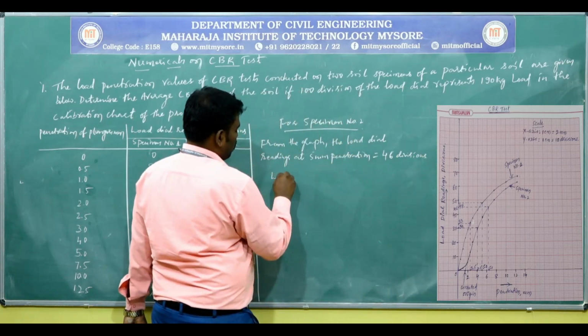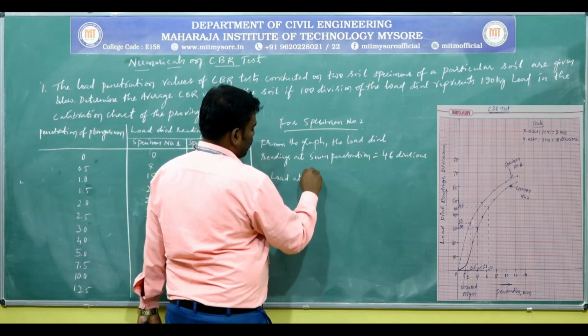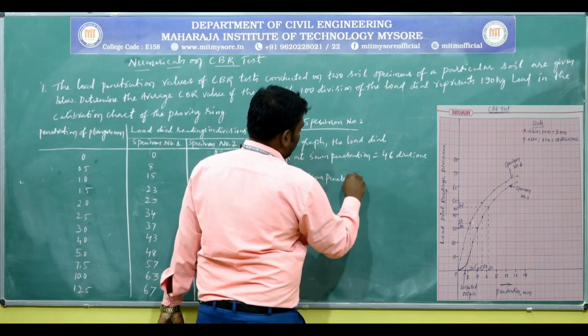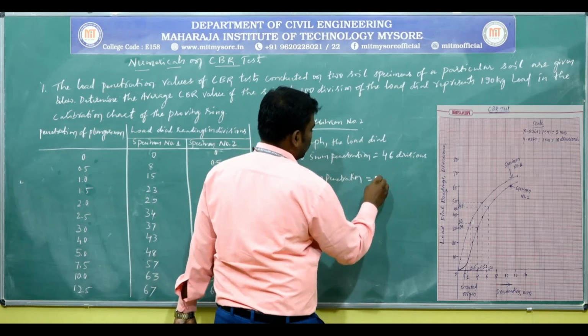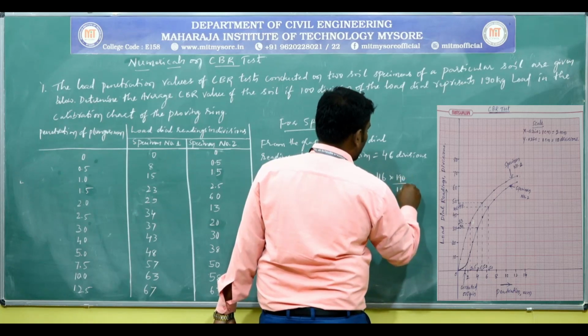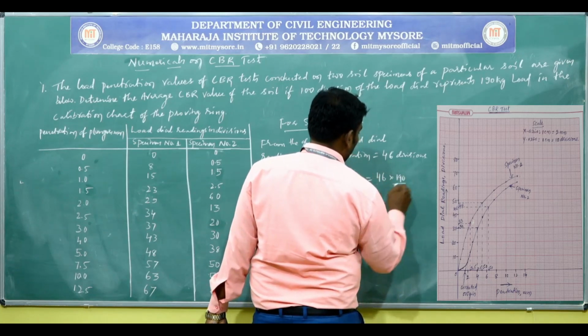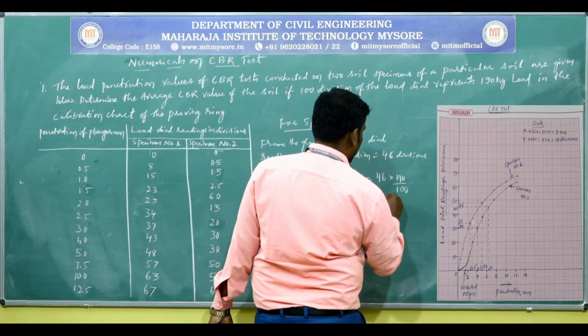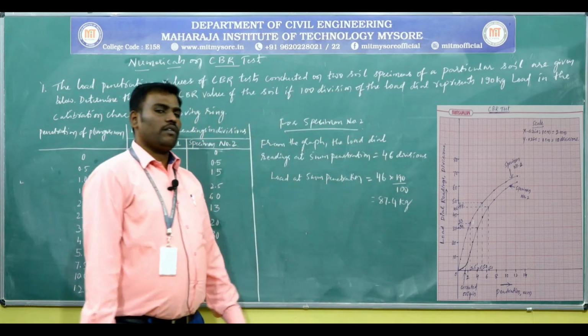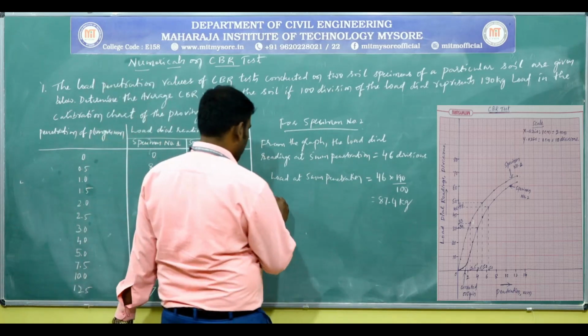Then load at 5 mm penetration is equal to 46 multiplied by 190 divided by 100. Okay, you may get about 87.4 kg.